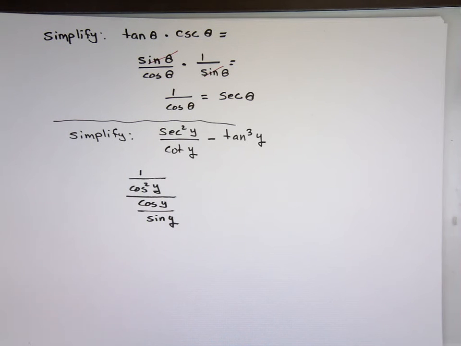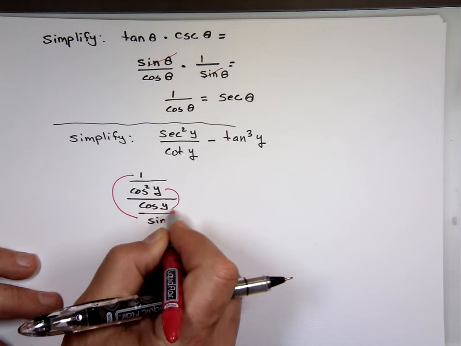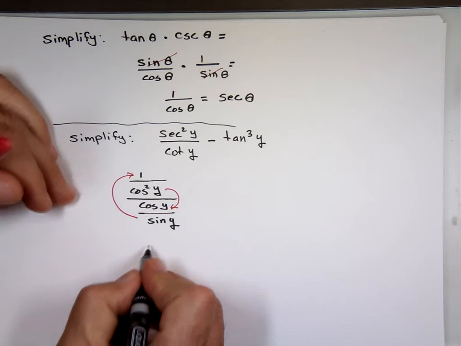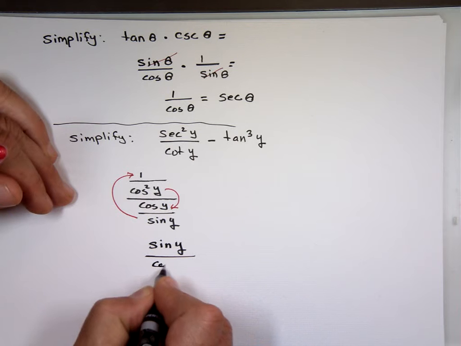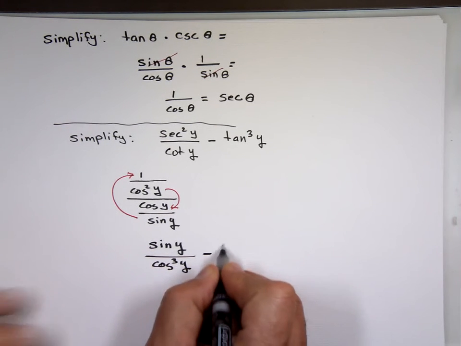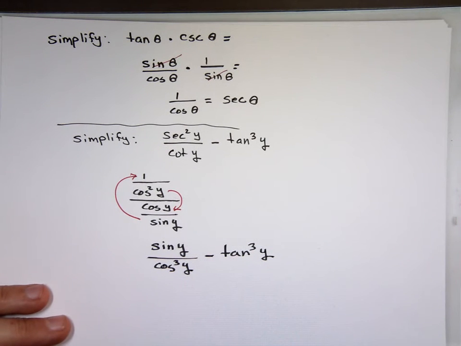So it's this times this over this times this. So it's going to be sine of y over cosine cube y. I'll leave the tangent cube for now. I'll fix that later.